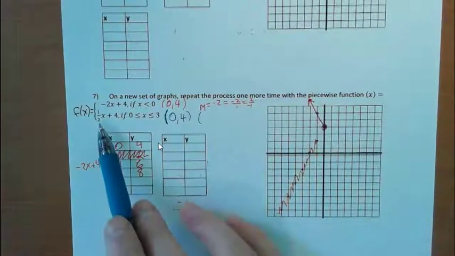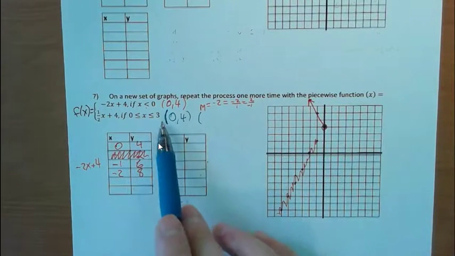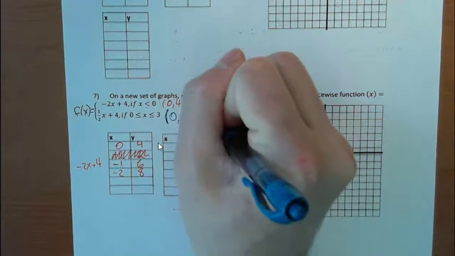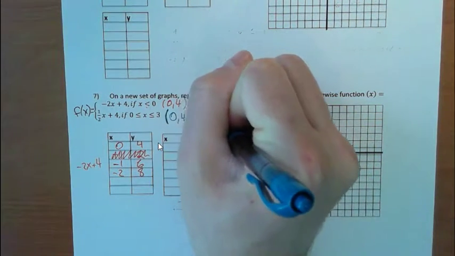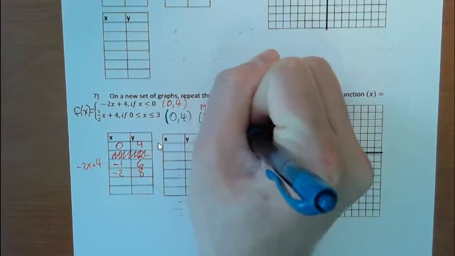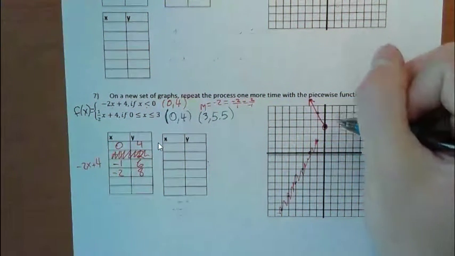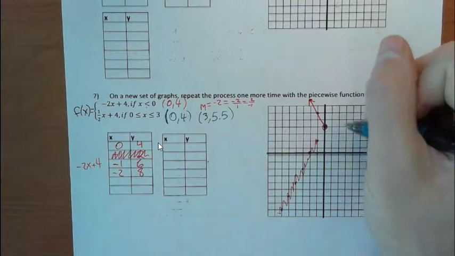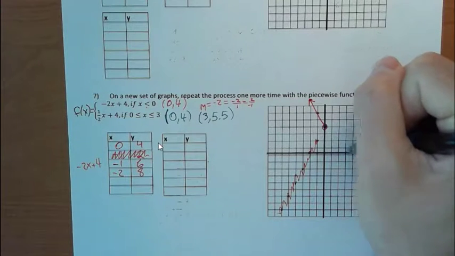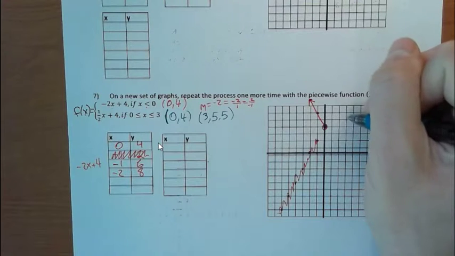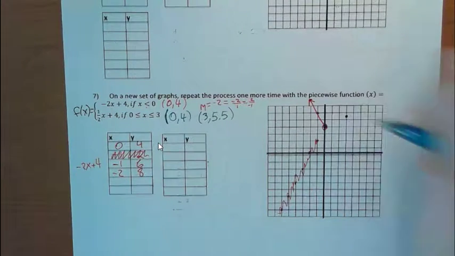We have 1/2 times 3 is 3/2, or 1.5, plus 4 is 5.5. So (3, 5.5). We don't necessarily plot decimal points there, but we can try to do our best with it.